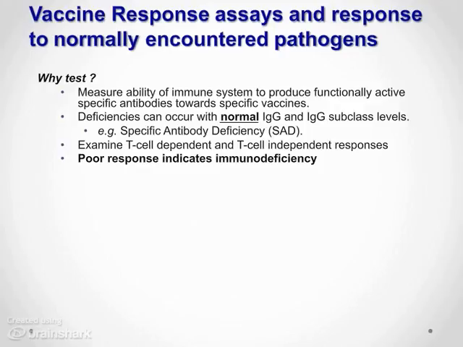Another standard test for diagnosing PID is vaccine response assays. They measure the ability of the immune system to respond to pathogens and produce specific antibodies to the antigen by using common vaccines. Deficiencies can occur with normal IgG and IgG subclass levels. A poor response indicates immunodeficiency.